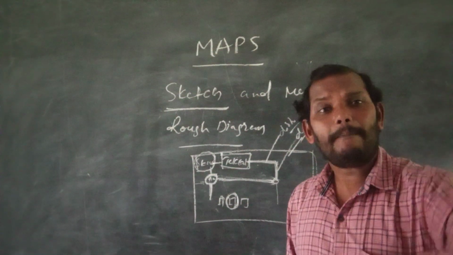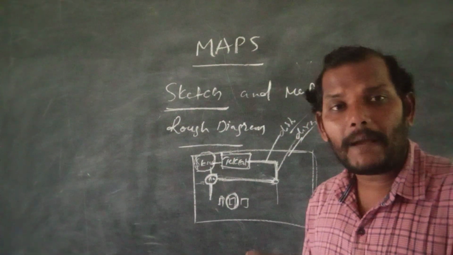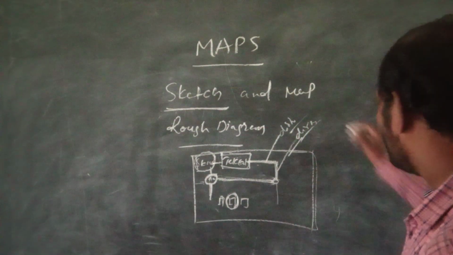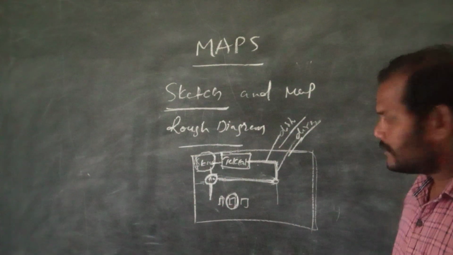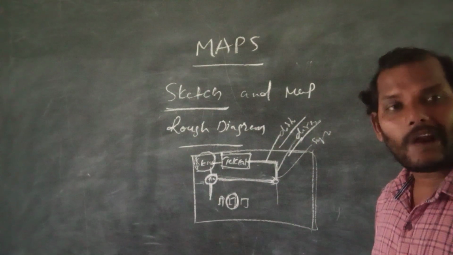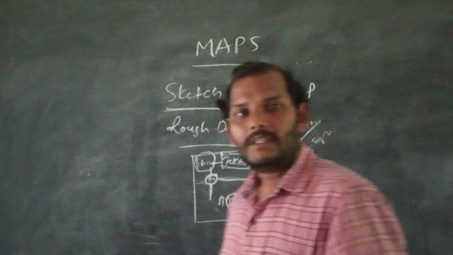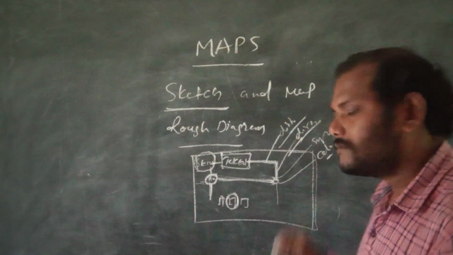But in the map, these features are there. The map has features like the distance and the directions and some symbols, and the colors.